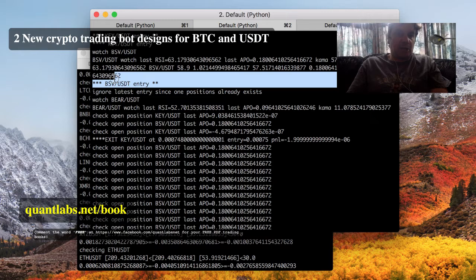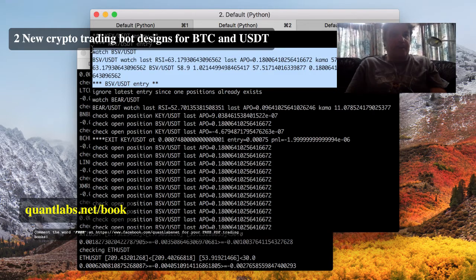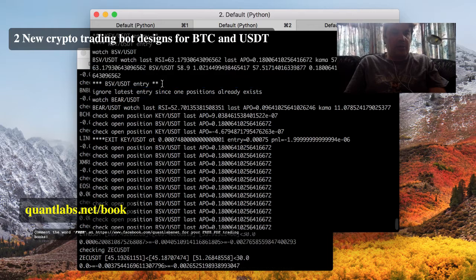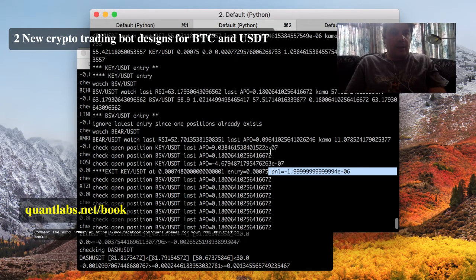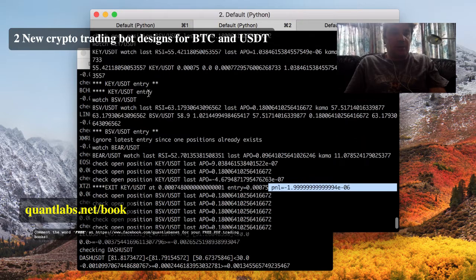But again, this is the challenge of bot design. When you have BSV USDT, it was quite clear that you would be making some cash. Here, it took this position, exited out, and you have a loss. Right here. And you have a few entries here as well.